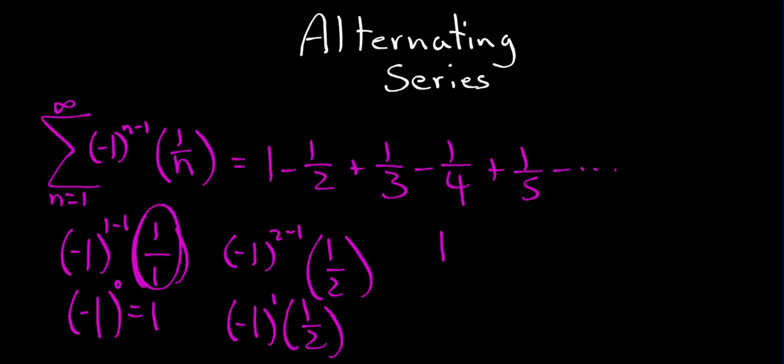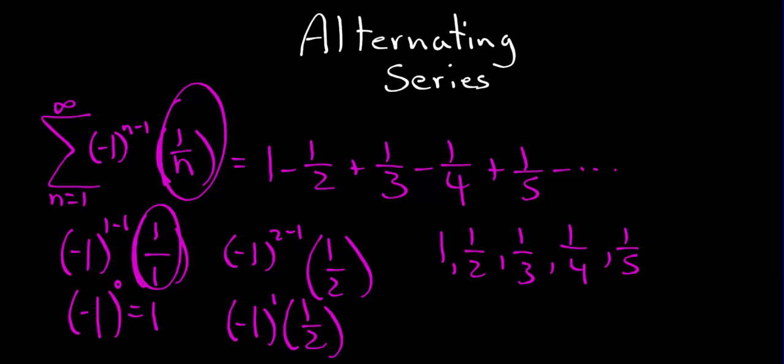We've got 1, 1/2, 1/3, 1/4, 1/5, and I'm not paying any attention to the positive or negative, just the a sub n part. 1/2 is less than 1, 1/3 is less than 1/2, 1/4 is less than 1/3, 1/5 is less than 1/4. Every term is less than the previous, and that continues on.